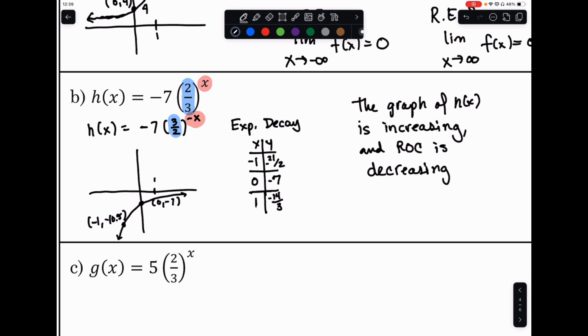And I know it's kind of counterintuitive to think that we have an exponential decay that's increasing, but the only reason it's increasing is because we've reflected it across the x-axis. But our rate of change is decreasing because it is concaving downwards. And again, that's always going to be true about the exponential decay. Whether it's above the x-axis or below the x-axis, the graph is going to be moving in one direction and its rate of change will be doing the opposite thing, okay?